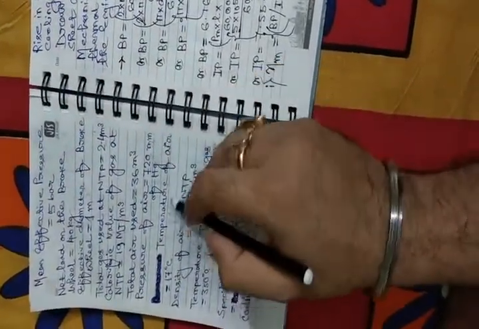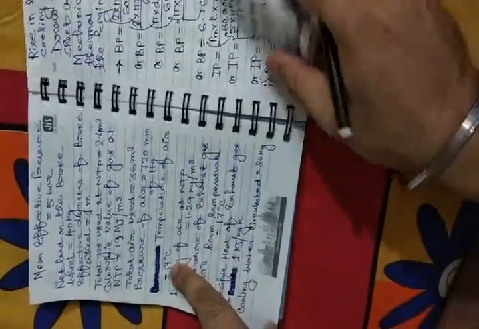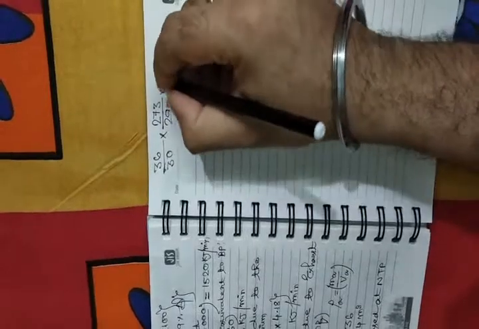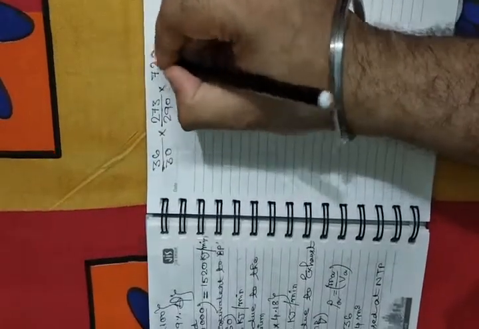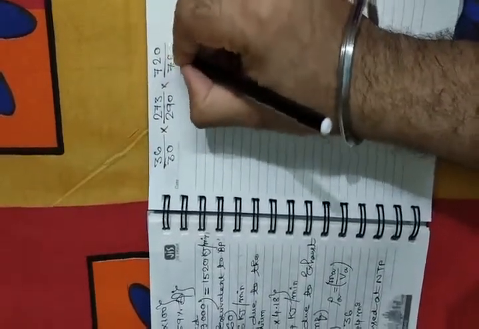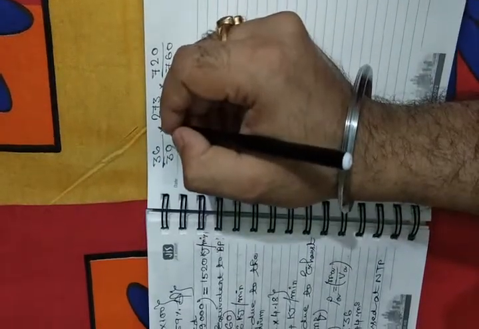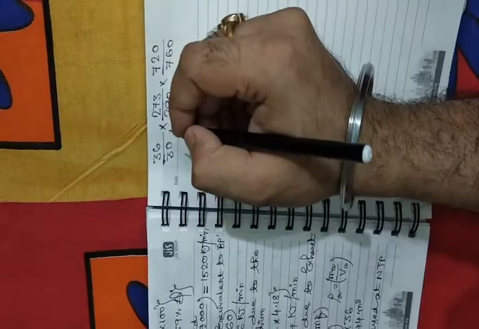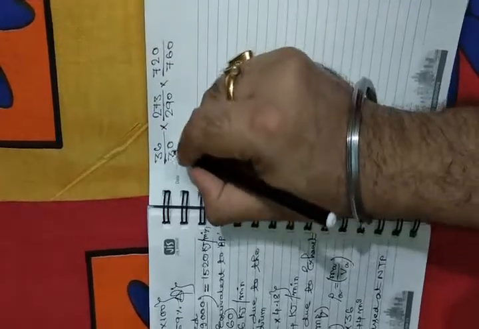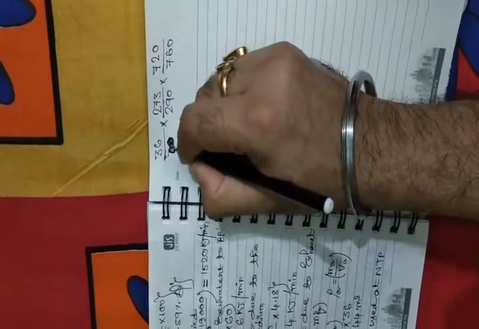So it will be 273 by 290 into 720 by 760 is the atmospheric condition. You don't have to divide this term by 30.